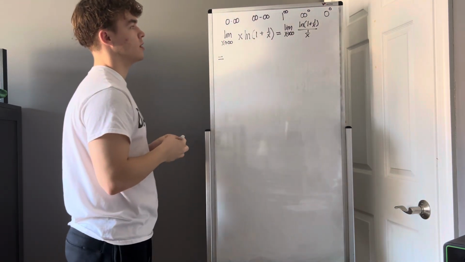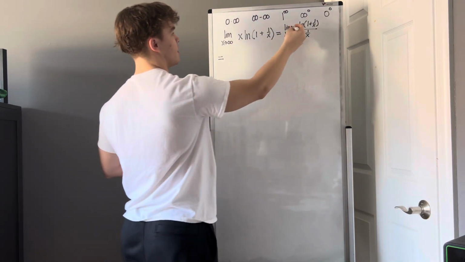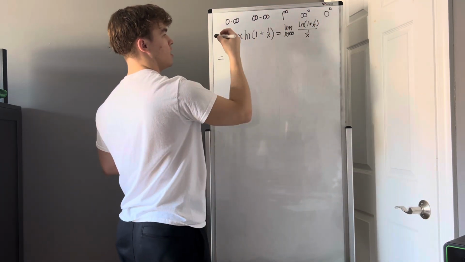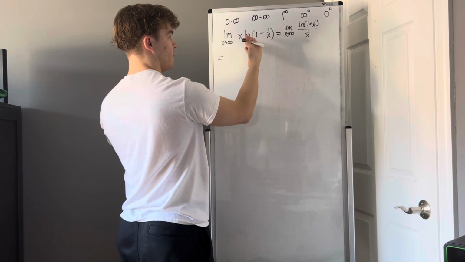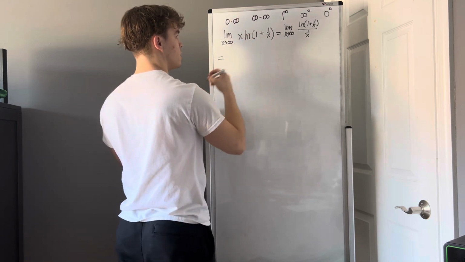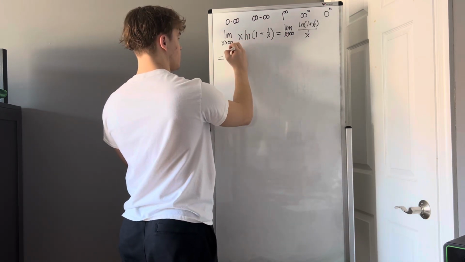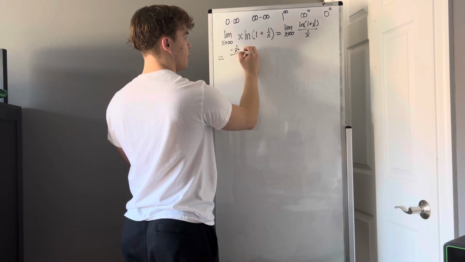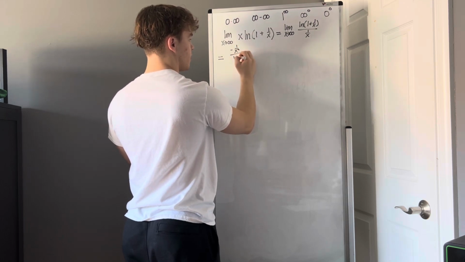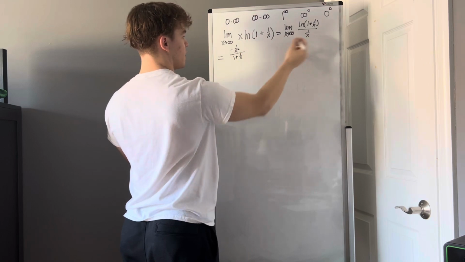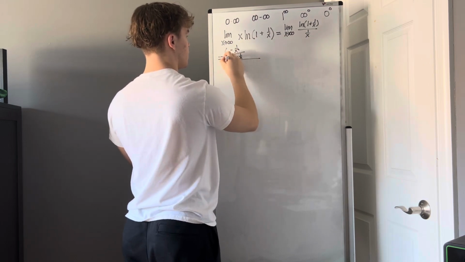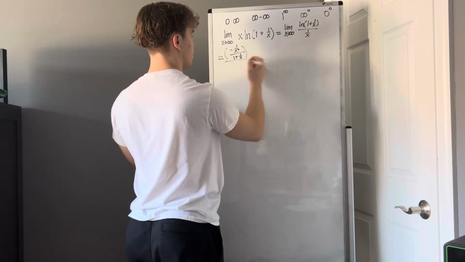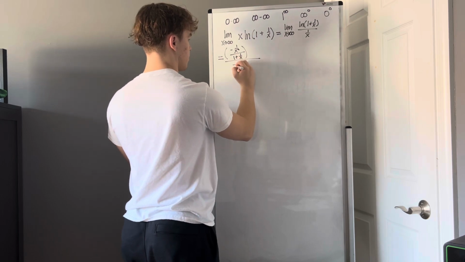So let's use it. The derivative of ln of a function is just the prime of that function over the function. So that will be negative 1 over x squared divided by 1 plus 1 over x. And this is all going to be divided by the prime of 1 over x, which is negative 1 over x squared.